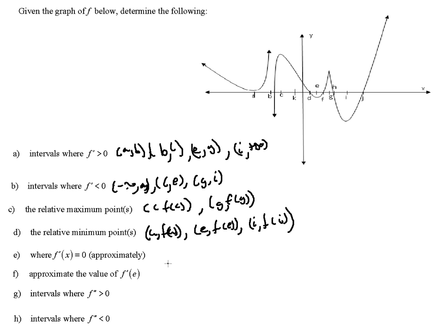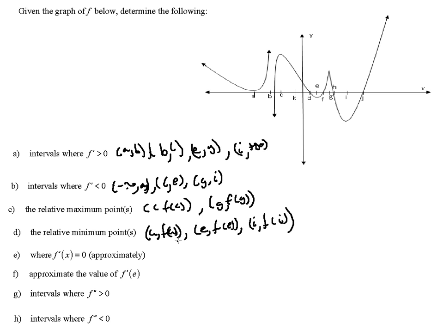Where f prime is equal to 0, approximately. Well, f prime is equal to 0 approximately everywhere you have relative max or min points.